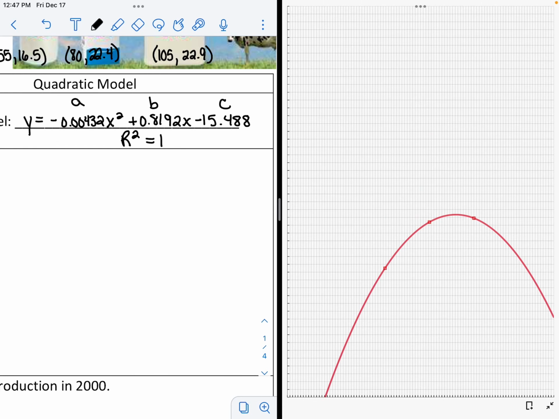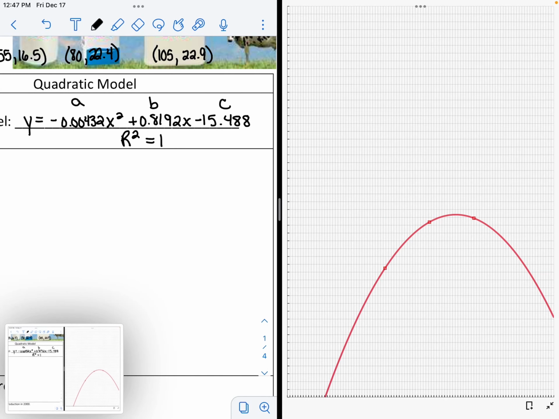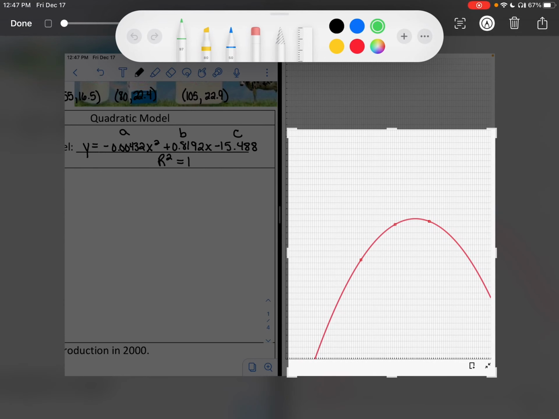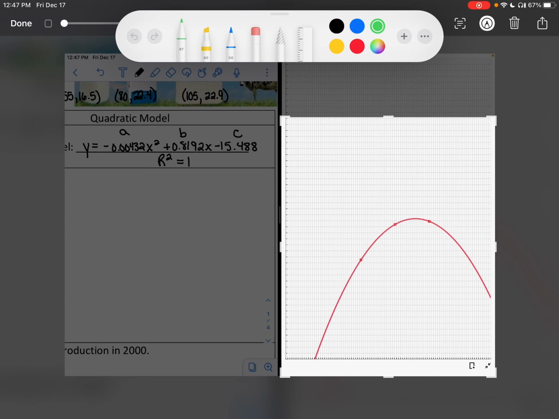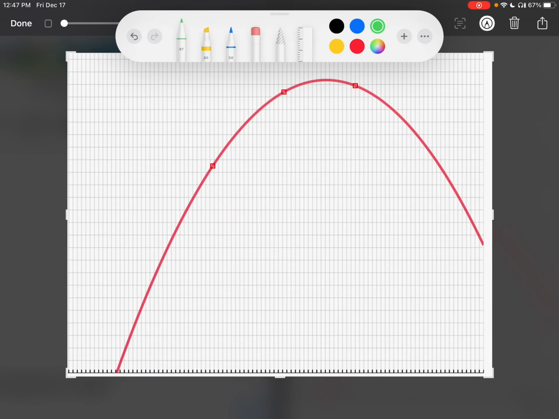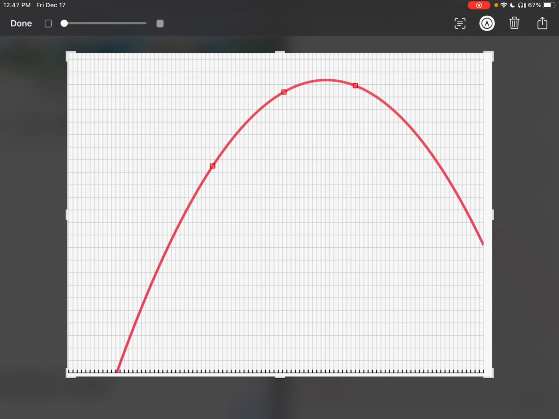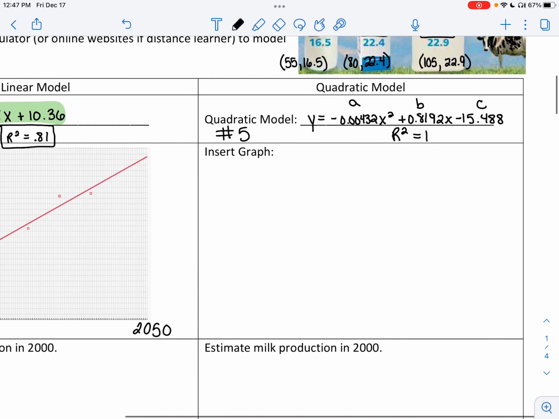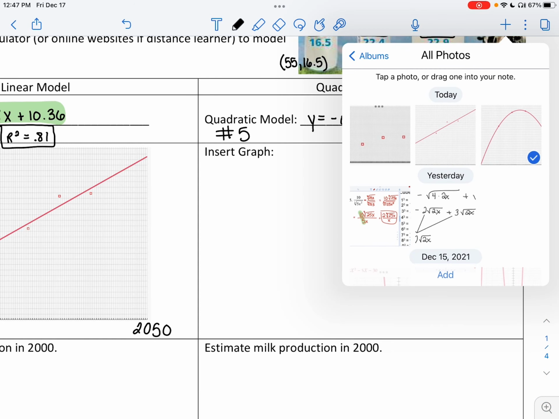It is my hope that as you look at this graph, while I kind of fumble around here, that would have been 50 way up there, huh? Might need to redo that other one. It is my hope that when you see this graph, you notice it fits them perfectly.